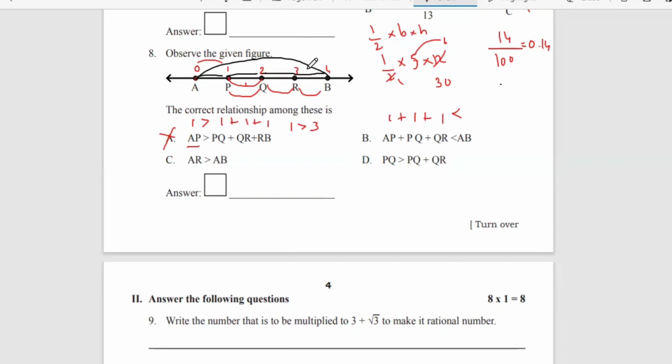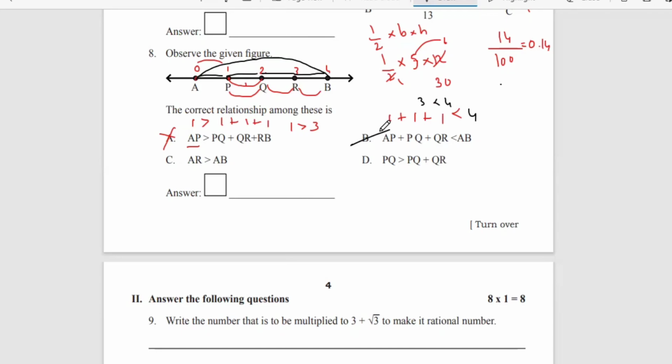So the distance from A to B is how much? 4. Let us sum the left hand side value. That is 1 plus 1 plus 1, which gives 3, less than 4. Yes, 3 is less than 4 and our answer is B. We're not going to verify C and D. They obviously will be wrong because we got our right answer.